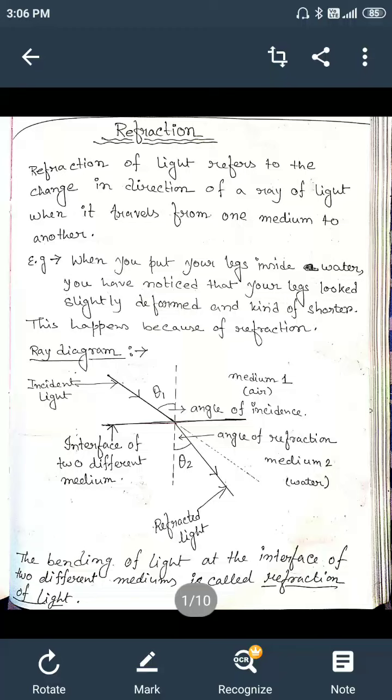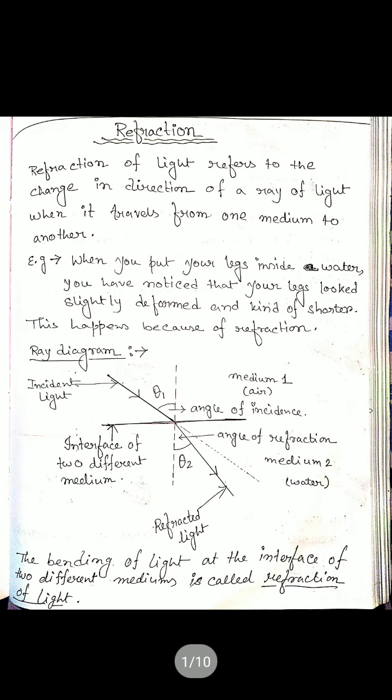Today we discuss a new topic of class 10, that is refraction, another phenomenon of light. In the last videos we discussed reflection, spherical mirrors, images formed by spherical mirrors, their uses, magnification, and some numericals.